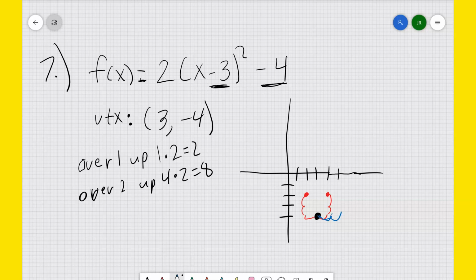Over 2, up 1, 2, 3, 4, 5, 6, 7, 8. And here is my parabola. Something like that.